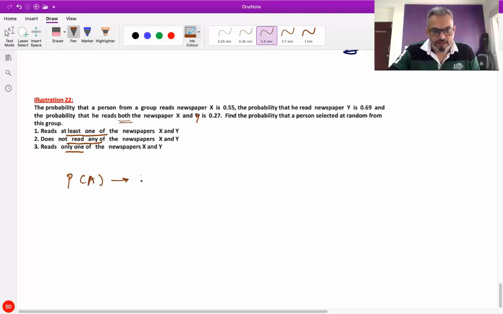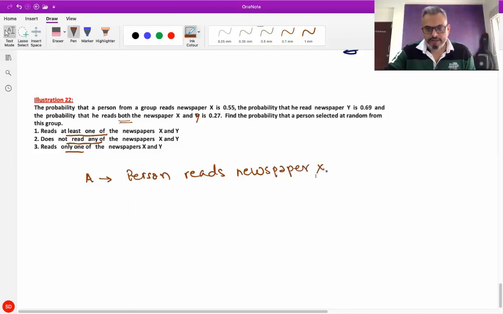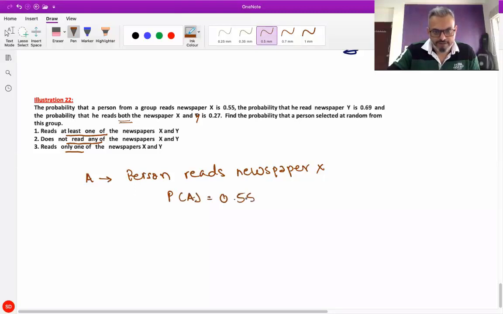Event A denotes that person reads newspaper X. So probability of A, which is given, is equal to 0.55.